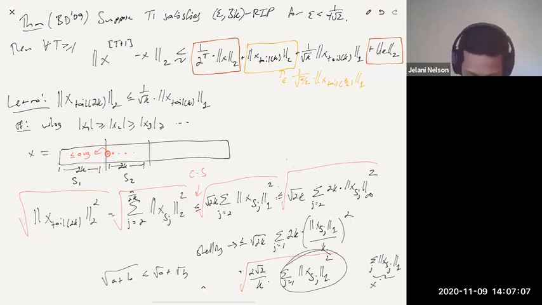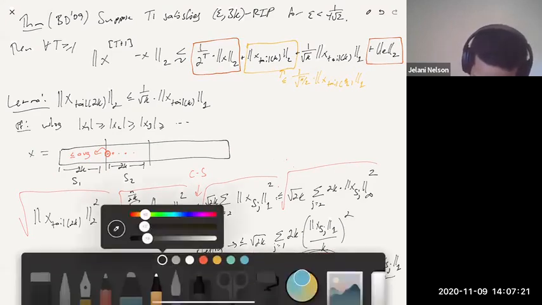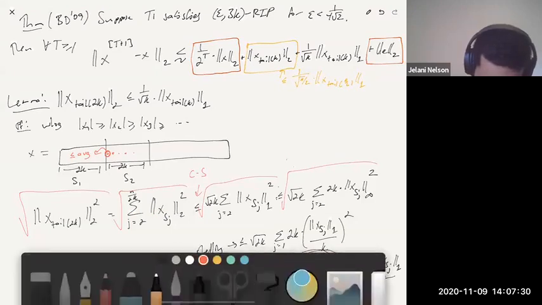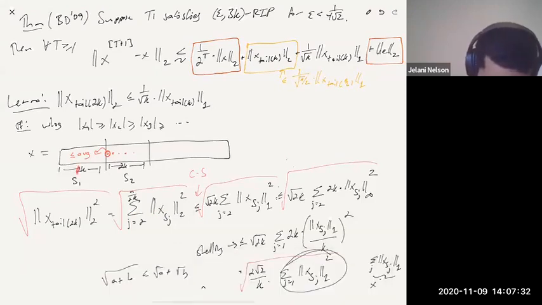Oh, okay, I see now. Very minor thing that I should say. In my definition of the SJs, I'm not going to make it 2k, I'm going to make it k.